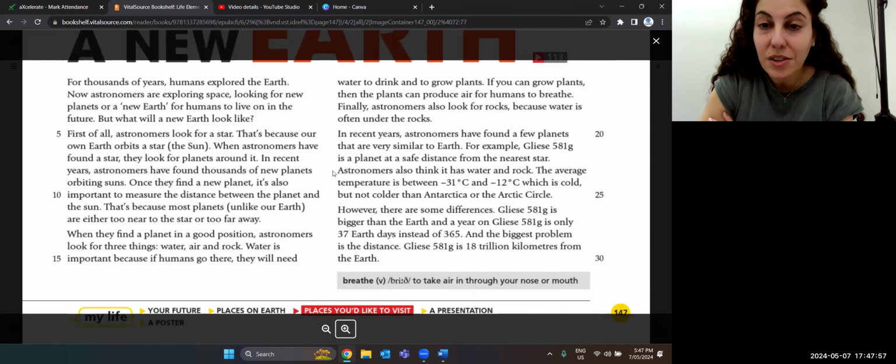Astronomers also think it has water and rock. The average temperature is between minus 31 degrees Celsius and minus 12 degrees Celsius, which is cold, but not colder than Antarctica or the Arctic Circle.